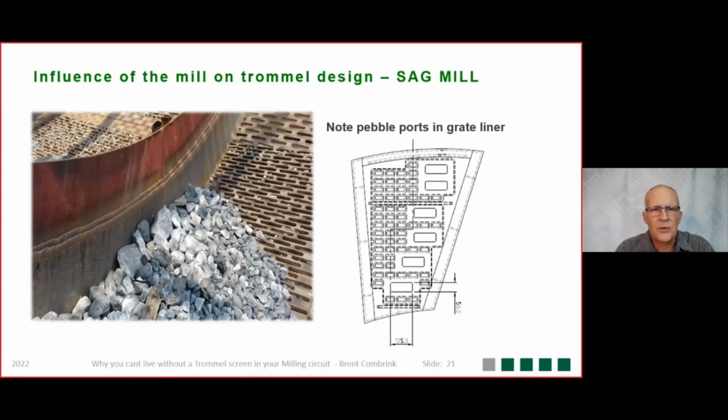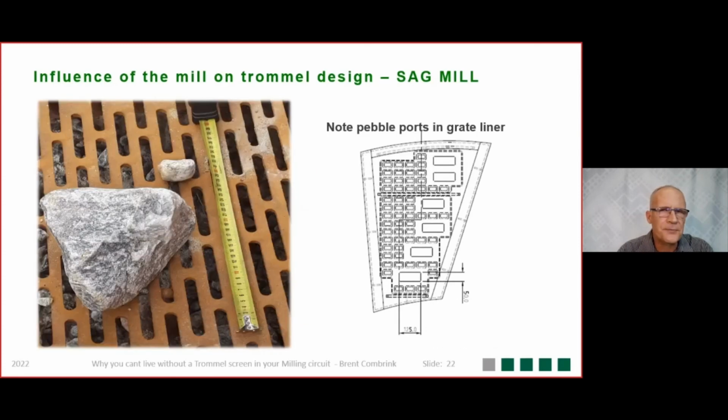They have replaced them with the Multotec trommels, and based on cost, life, etc., the polyurethane or rubber type modular system proved to be the most significant or best option for those specific mills. Just another picture of the size of some of those pebbles or material coming through those ports.